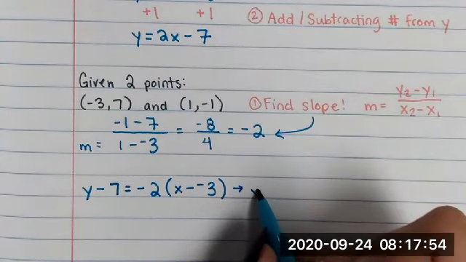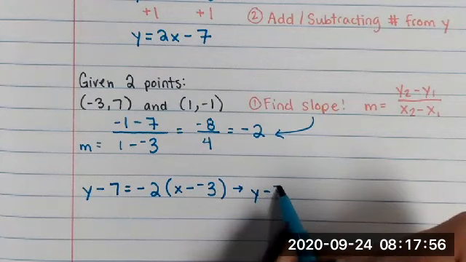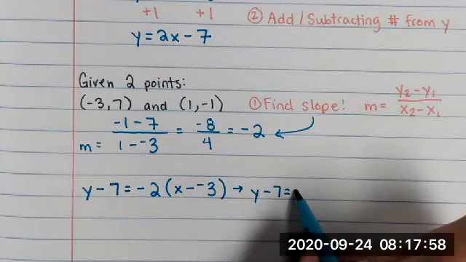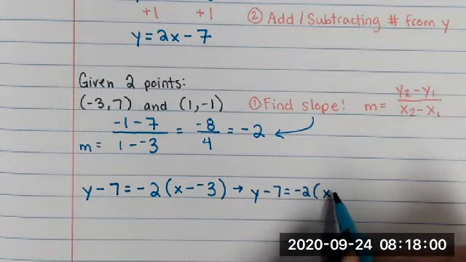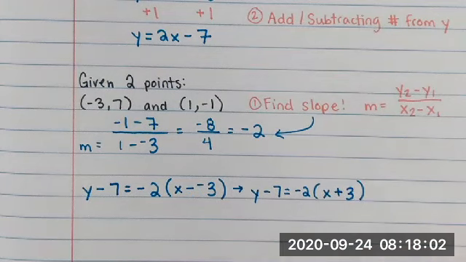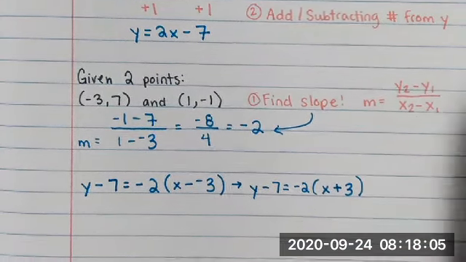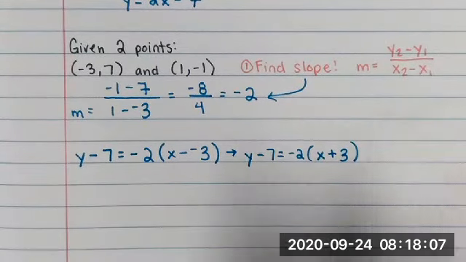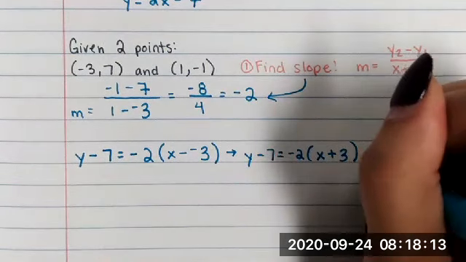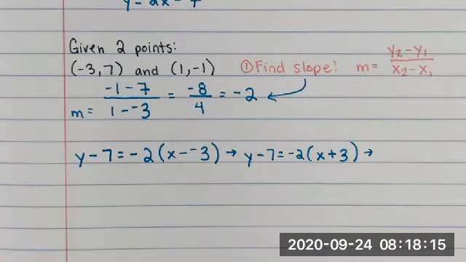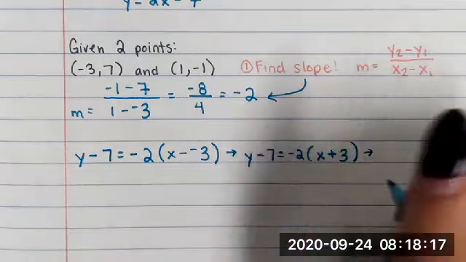So this becomes y minus 7 equals -2 times x plus 3. So that double negative becomes a positive. And then we distribute, which I don't know why I put the arrow that way.